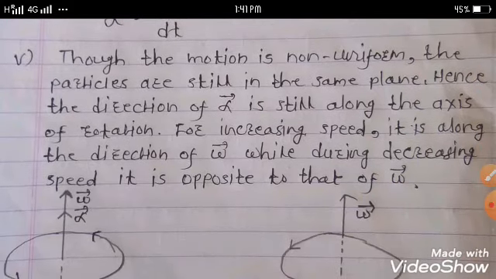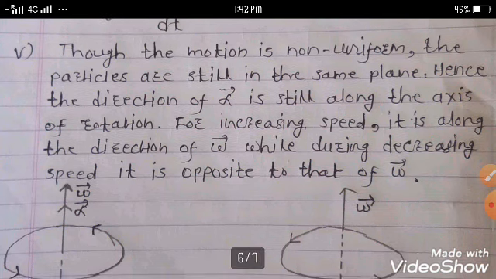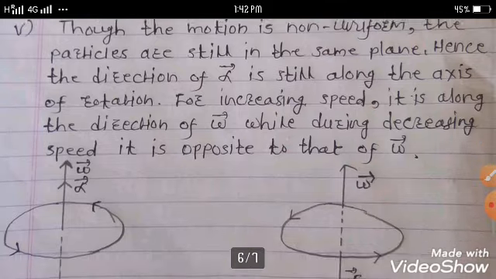Fifth one, though the motion is non-uniform, the particles are still in the same plane. Hence, the direction of alpha is still along the axis of rotation. For increasing speed, it is along the direction of omega bar, while during decreasing speed, it is opposite to that of omega.